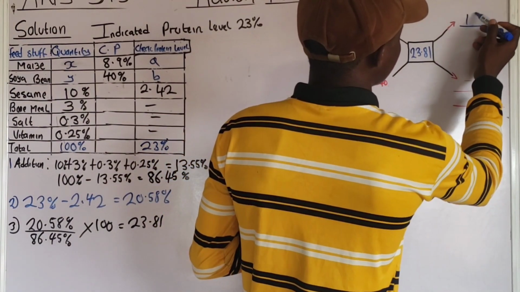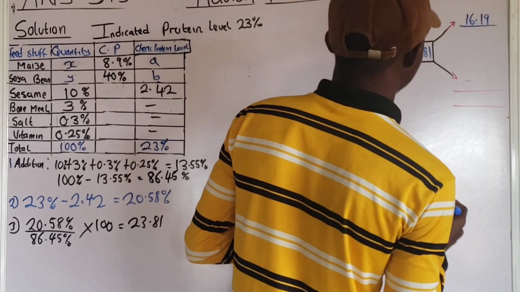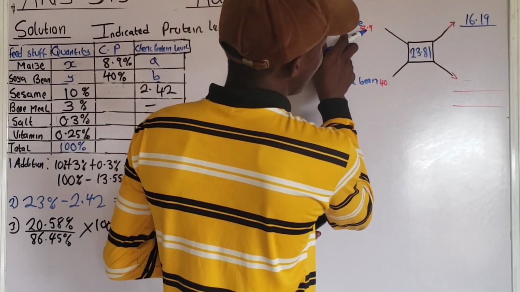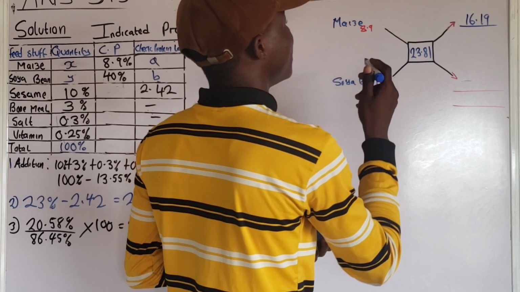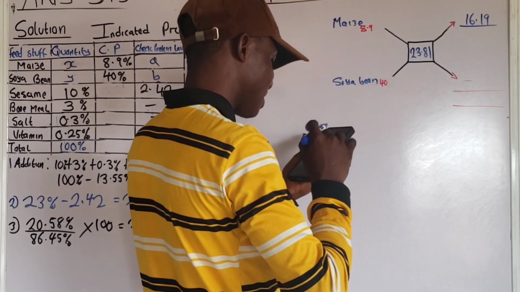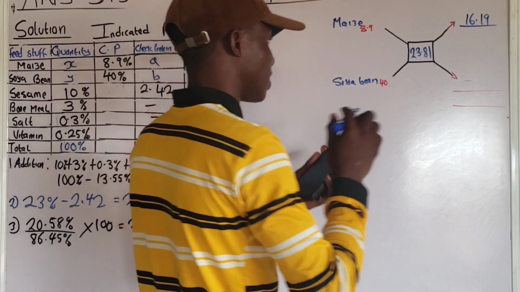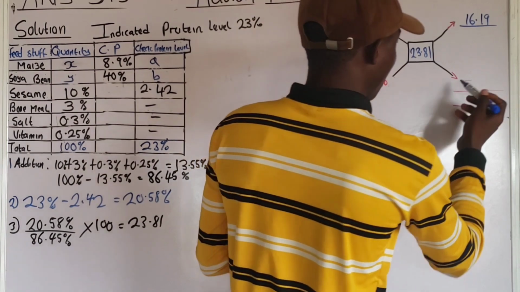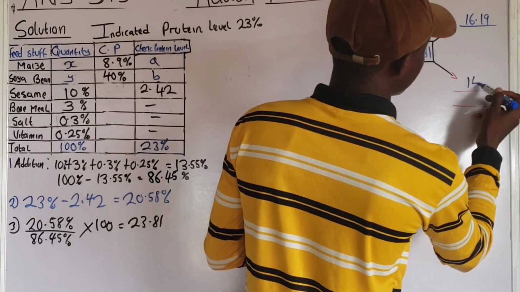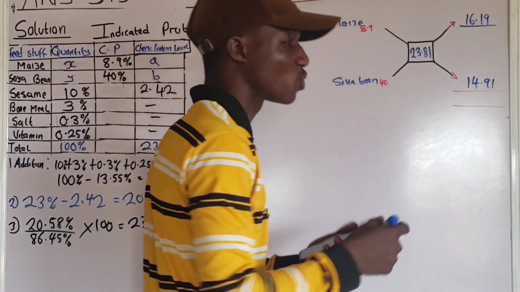So here I'm going to have 16.19. Now 23.81 minus 8.9 is 14.91, you understand? So here I'm going to have 14.91. I'm very sure you understood what I did.